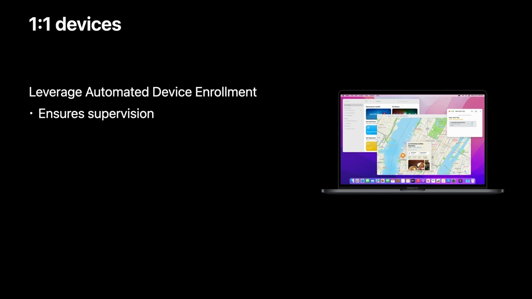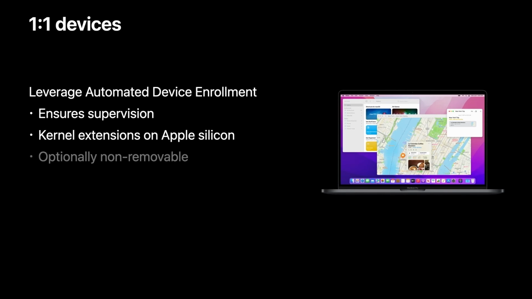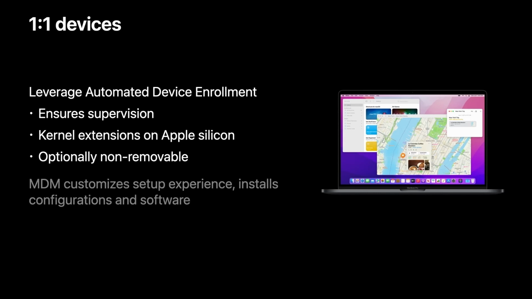Automated device enrollment enables device supervision, enables kernel extension management capabilities on Mac computers with Apple Silicon, and can be marked as non-removable, meaning users can't remove the management profile from System Preferences or with the profiles command line tool. Automated device enrollment also allows IT to customize and streamline the setup experience for users by optionally skipping setup screens that would normally be seen during consumer setup of the device.